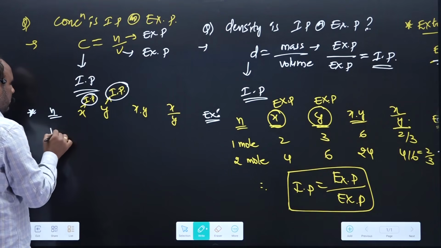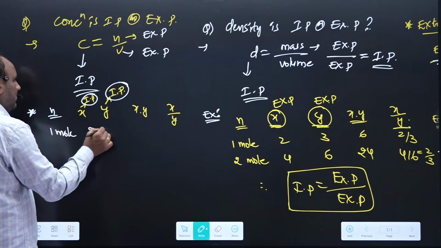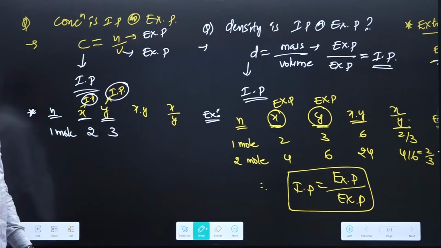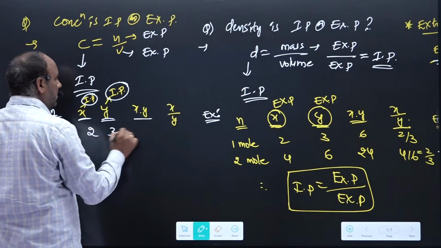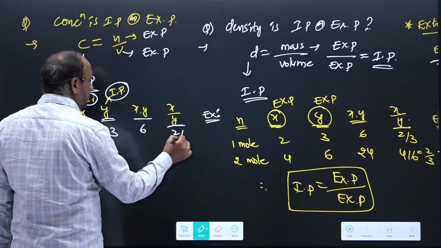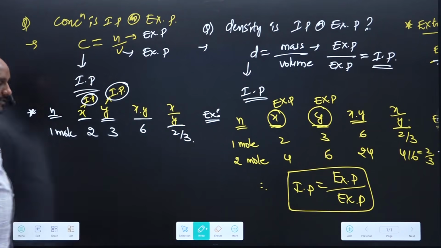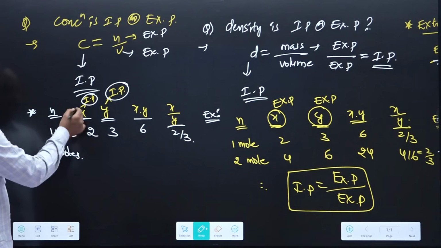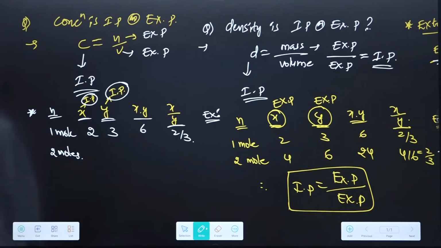Consider number of moles. For 1 mole, consider the same values. What is the X value? 2. What is Y? 3. What is the product X into Y? 6. What about X by Y? 2 by 3. For 2 moles, what about the X value?